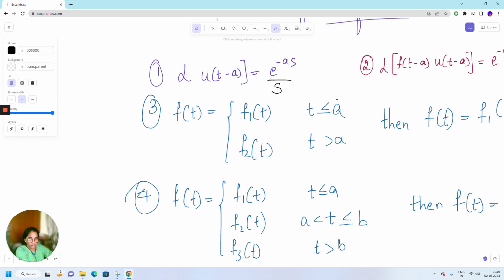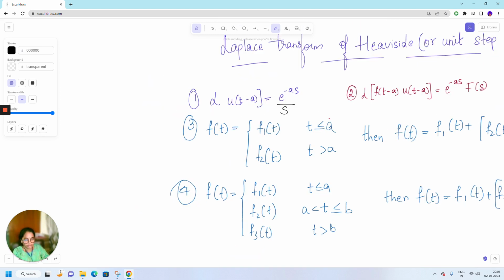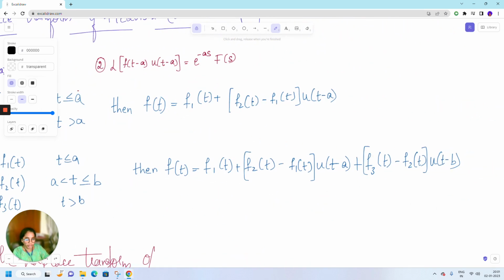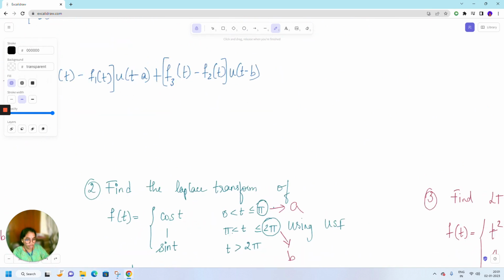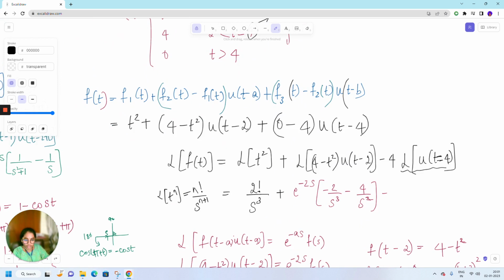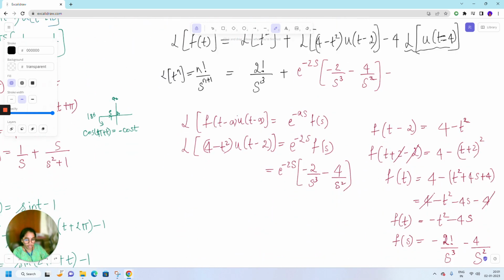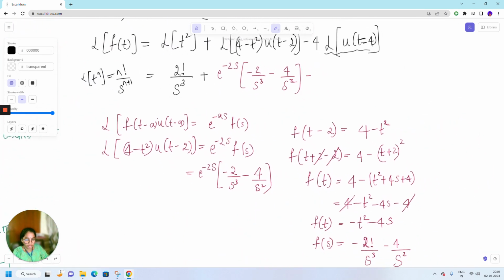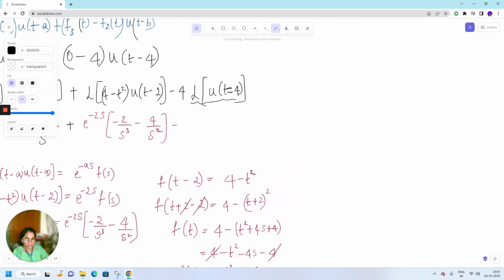So now what would I write? Let me write down the formula. Laplace of u of t minus a is equal to e power minus as divided by s.